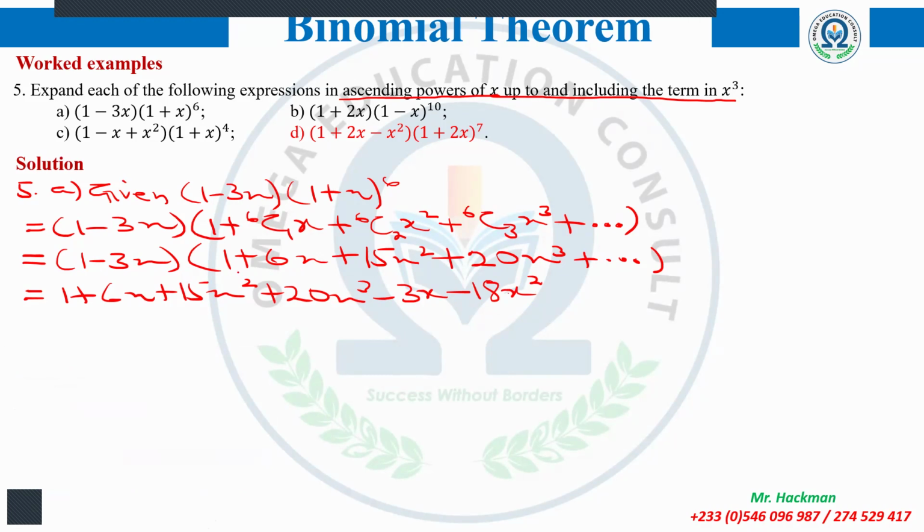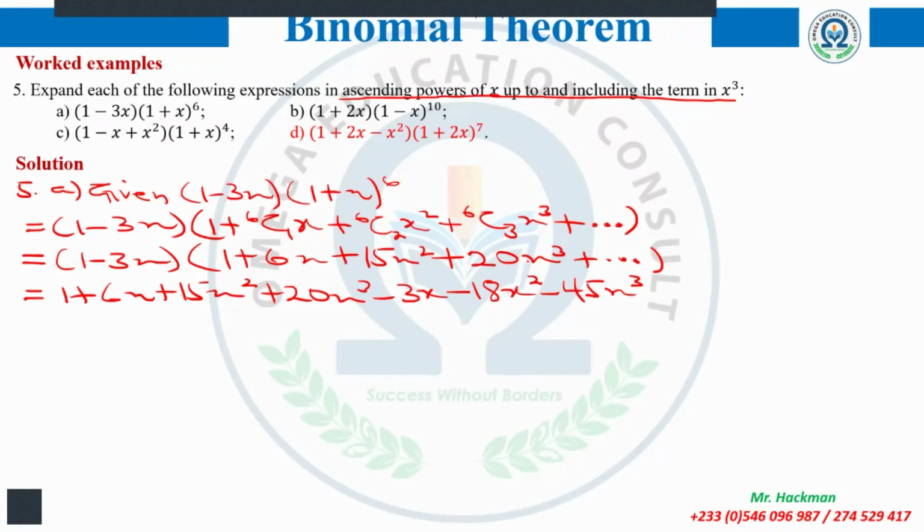Then minus 3x times 15x squared will give us minus 45x cubed. Then minus 3x times 20x cubed will give us minus 60x to the power 4. Am I right?